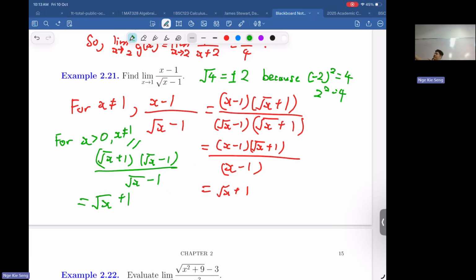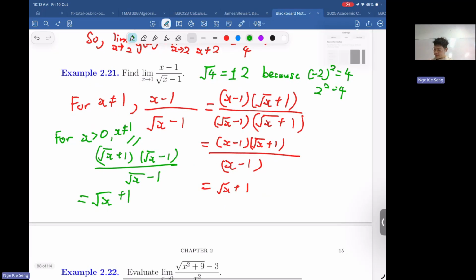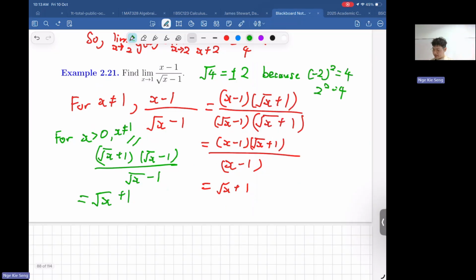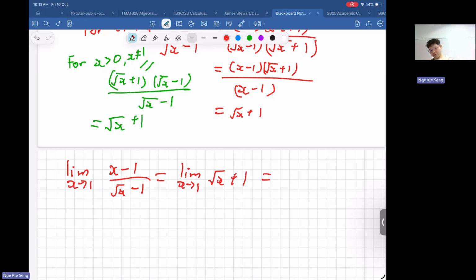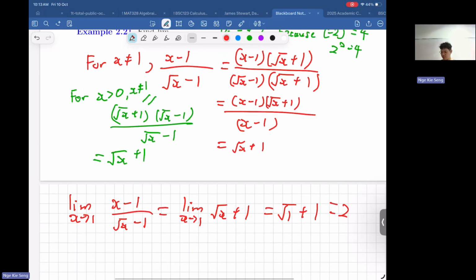If you use the difference of square, then you need to shrink your domain smaller. So either way, the limit of x to 1 of x minus 1 over square root x minus 1 is equal to the limit of x to 1 of square root x plus 1. Then you can use all the limit laws which are available, and you get 2.